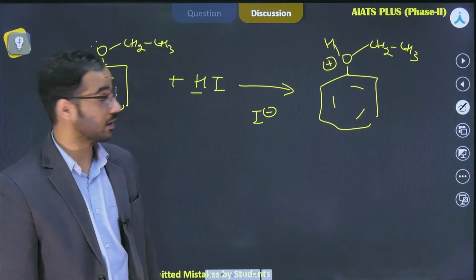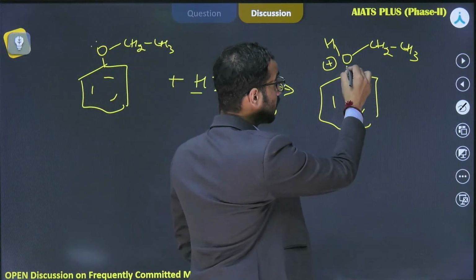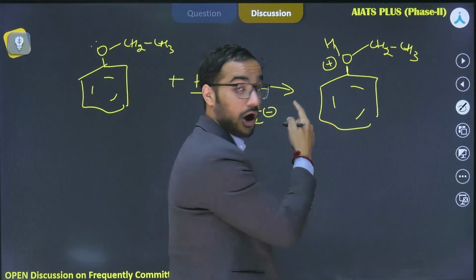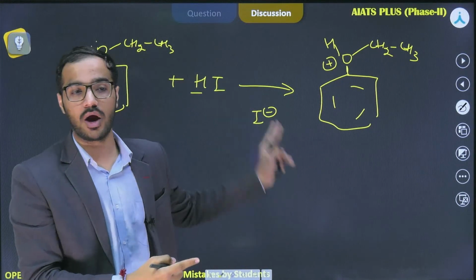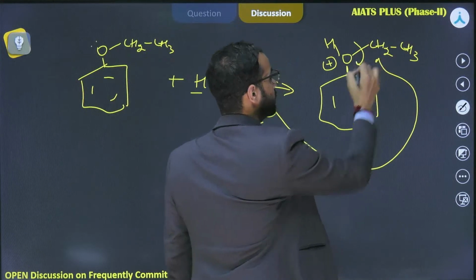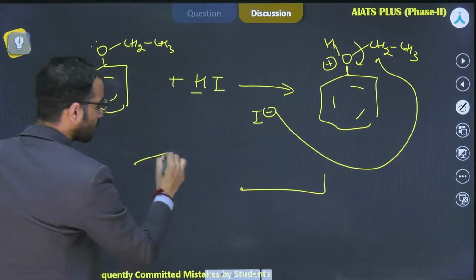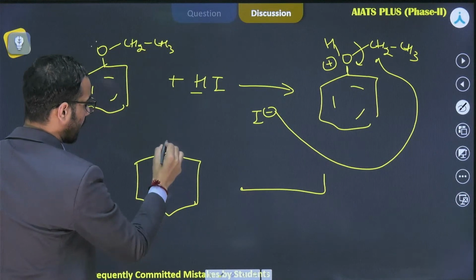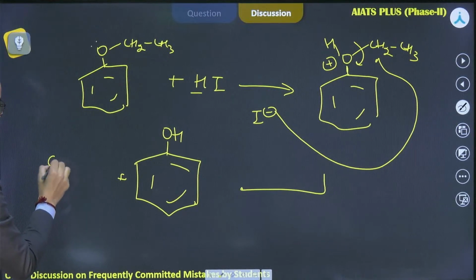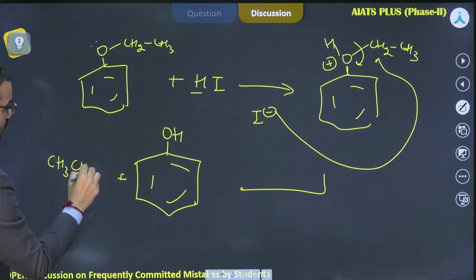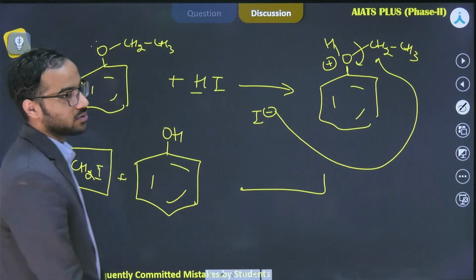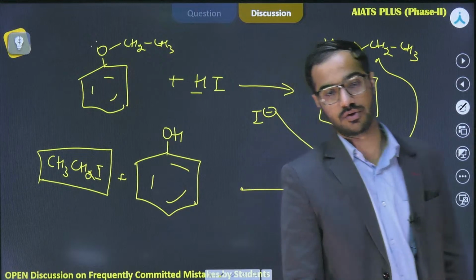What will I negative undergo? This bond will not be cleaved. So the only option for I negative is to undergo an SN2 reaction on the ethyl group, and it will release the phenol back. You will be having OH plus CH3CH2I. These are the final products of the reaction.